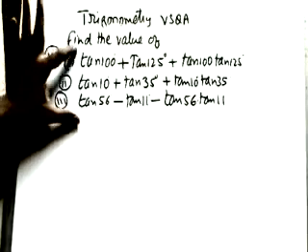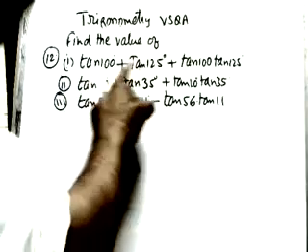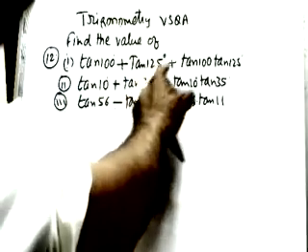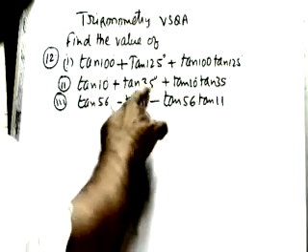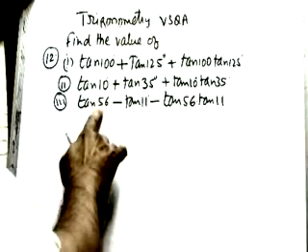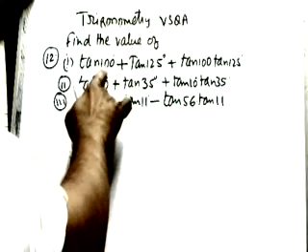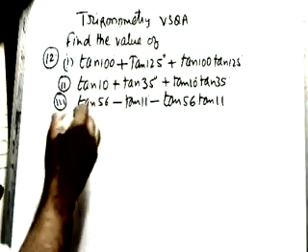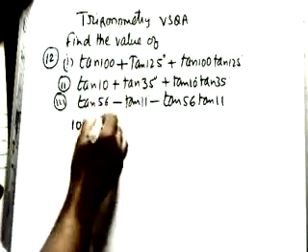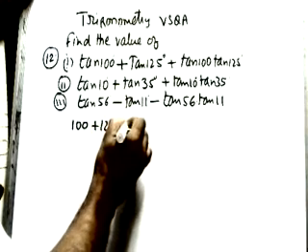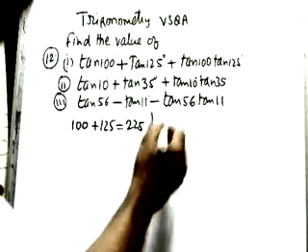The next question, see here. All these three questions are the same type. Let me do one of them. Find the value of tan 100 plus tan 125 plus tan 100 into tan 125. In the same way, tan 10 plus tan 35 plus tan 10 into tan 35, and tan 56 minus tan 11 minus tan 56 into tan 11. There is a relation. In the first question we start like this: 100 plus 125 equals 225.